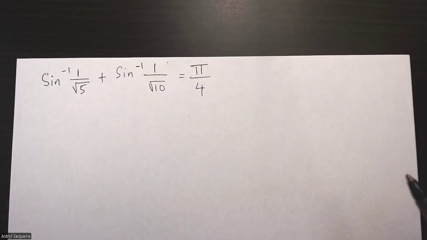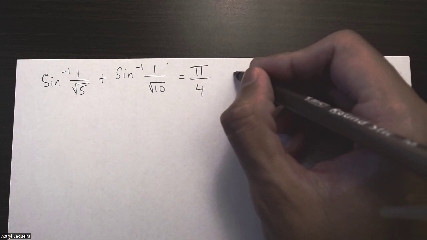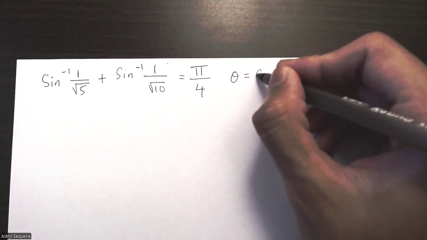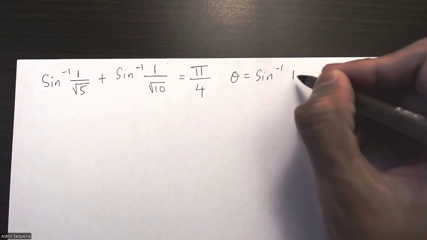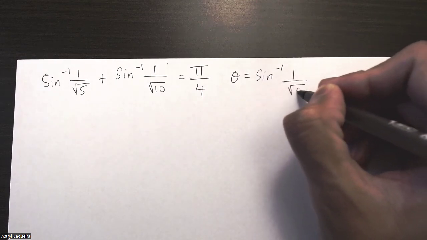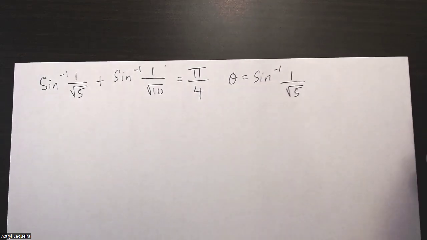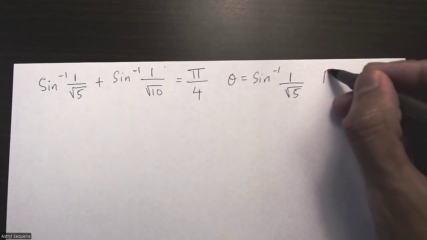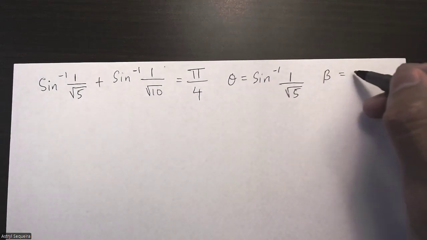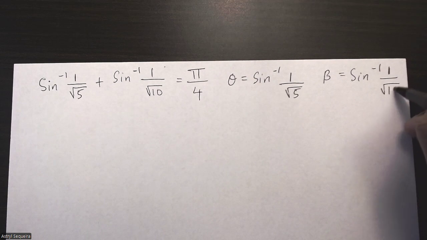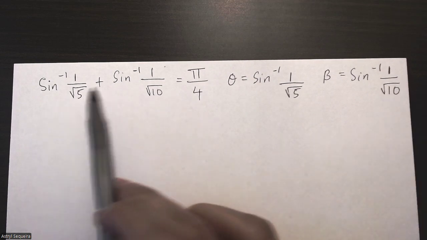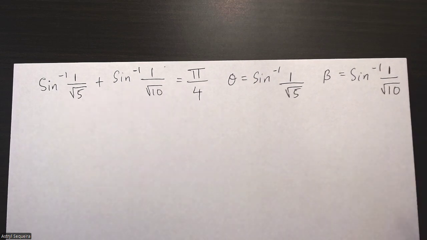So the first thing I'm going to do is define theta as sine inverse of 1 over root 5. And I'll define beta as sine inverse of 1 over root 10, basically these two angles over here.